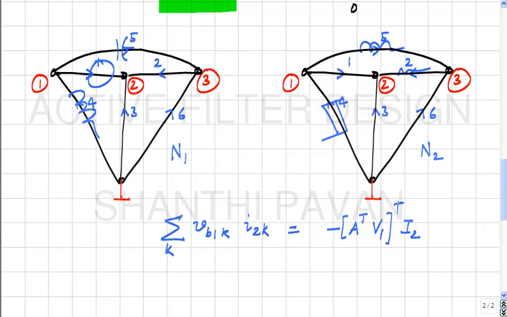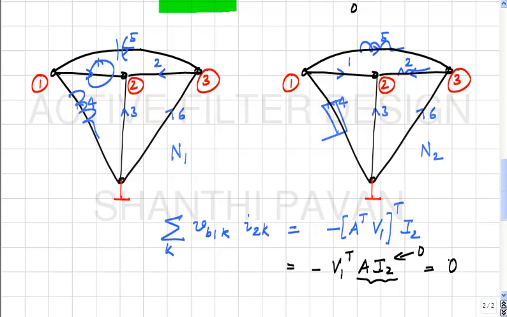This is minus V1 transpose A I2. But network 2 has the same graph as network 1, so A times I2 must be 0, because the currents in network 2 also satisfy KCL. So this must also be equal to 0.